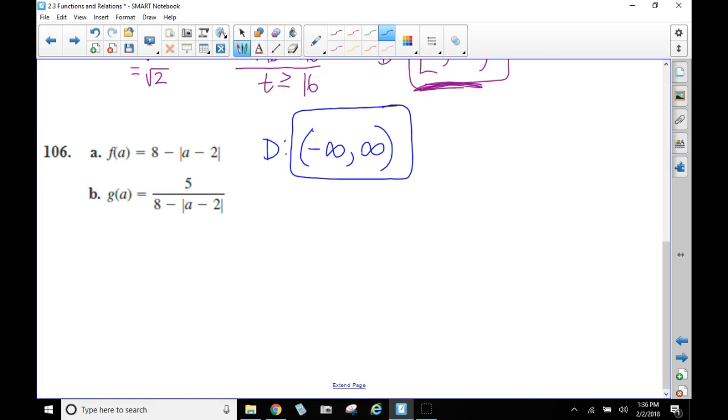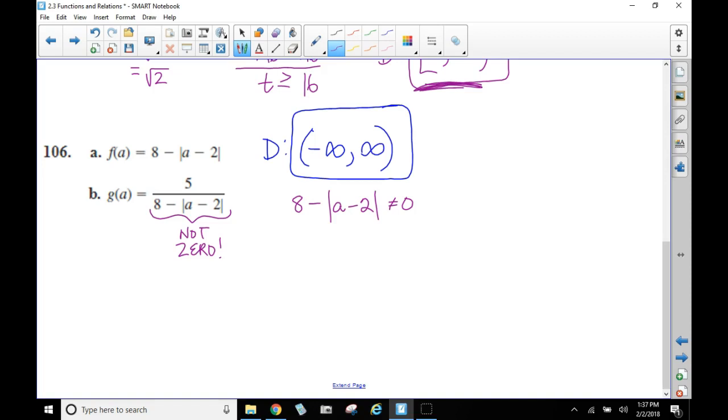Now, when that quantity is put in the denominator, like on example B, we need to make sure that this denominator doesn't take on a value of 0. Okay? If that happens, those numbers are not in our domain. So I'm going to take the 8 minus the absolute value of a minus 2, and I'm going to say you can't be equal to 0, because any values that satisfy that would not be in our domain for a.